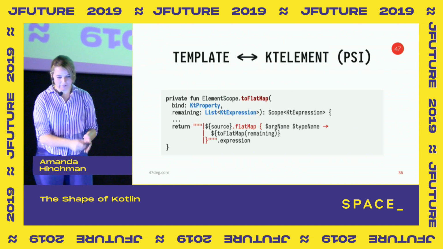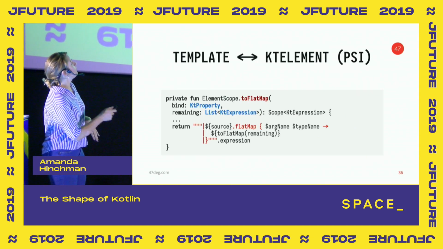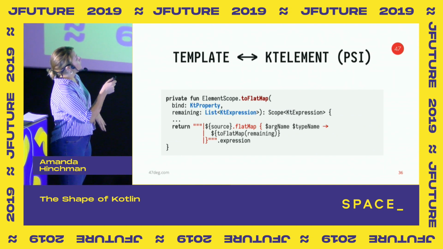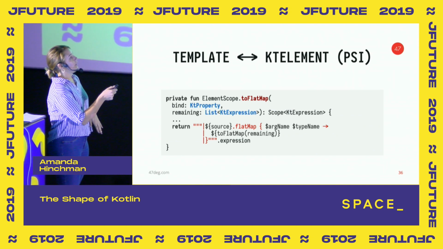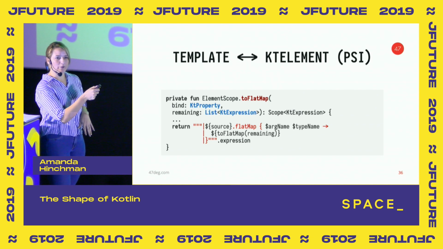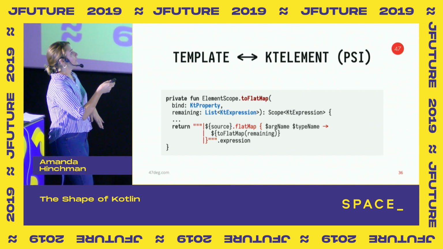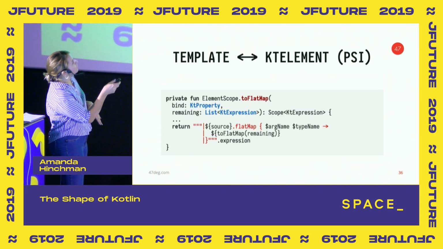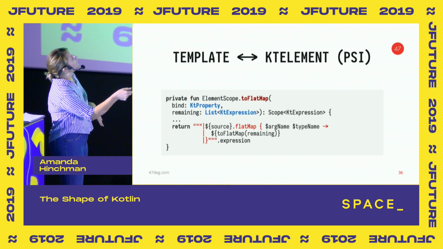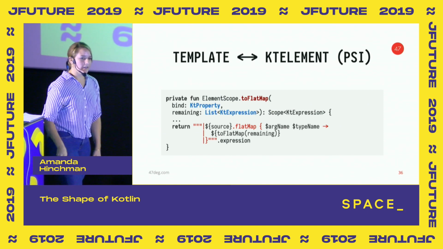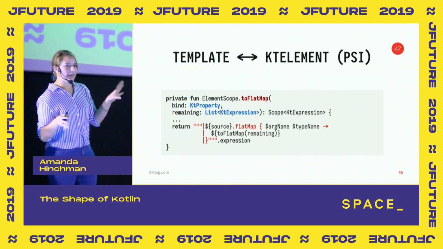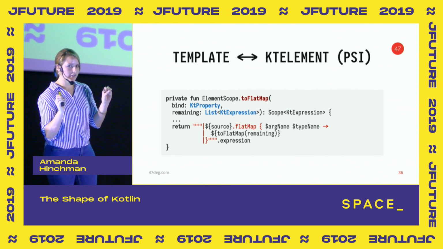All right, so we also have templating that goes with our element scopes. We saw a little while back, we wrote a predicate. We have the ability to add templating, so this is how we're able to change the code fundamentally.